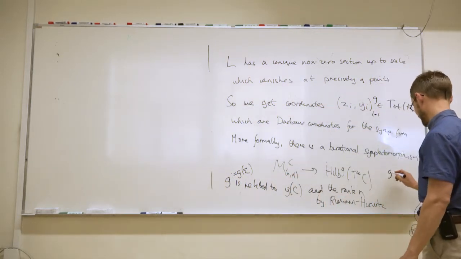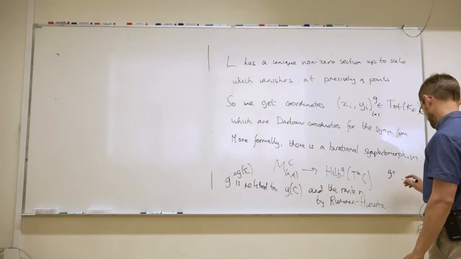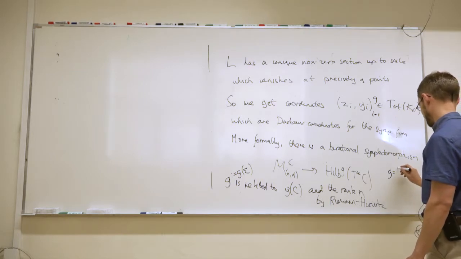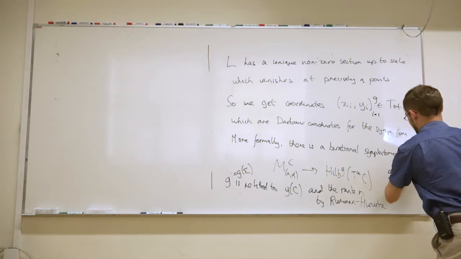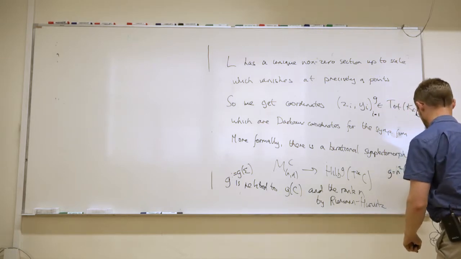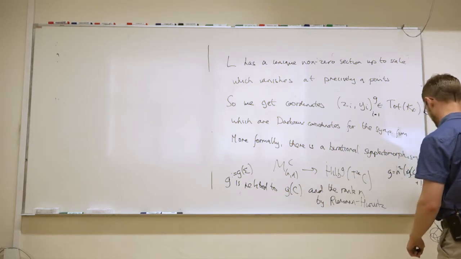So I guess G has to be, let's see, n squared times the genus of C, minus 1, plus 1, I think.